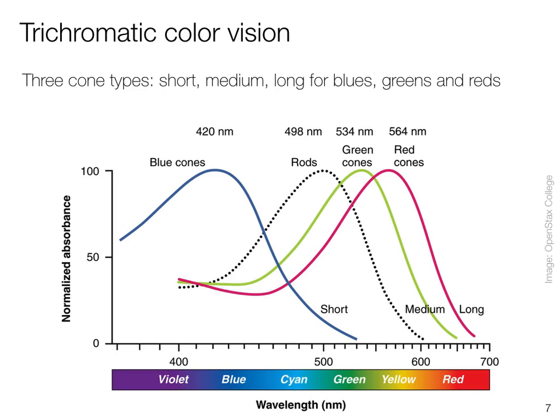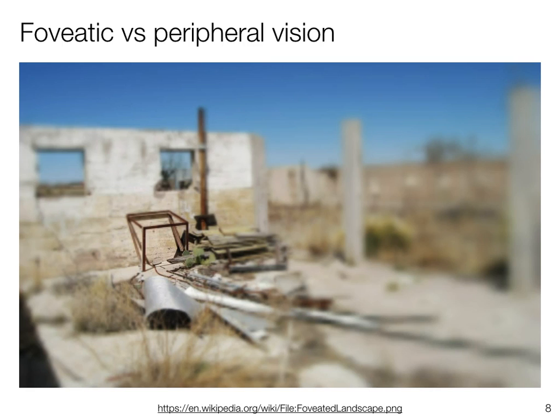And from the specialization of cones and rods and how they're distributed on the retina, we will actually get different kinds of sensations, different types of vision. So while the cones provide high resolution color information in the focus area, the rods help us to see the entire scene and kind of see arrangements.